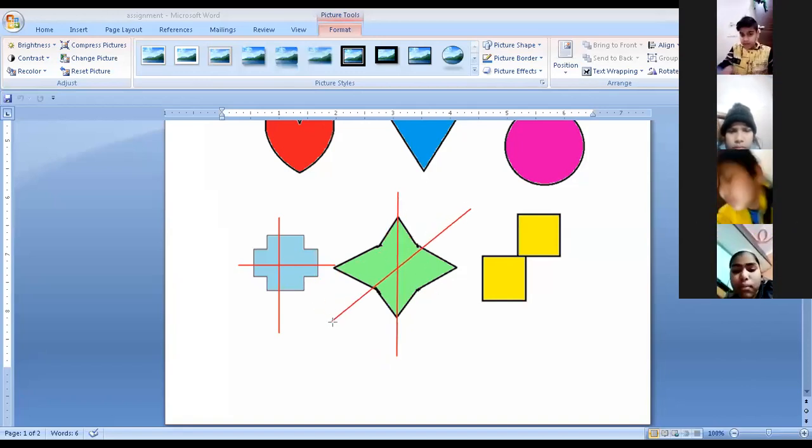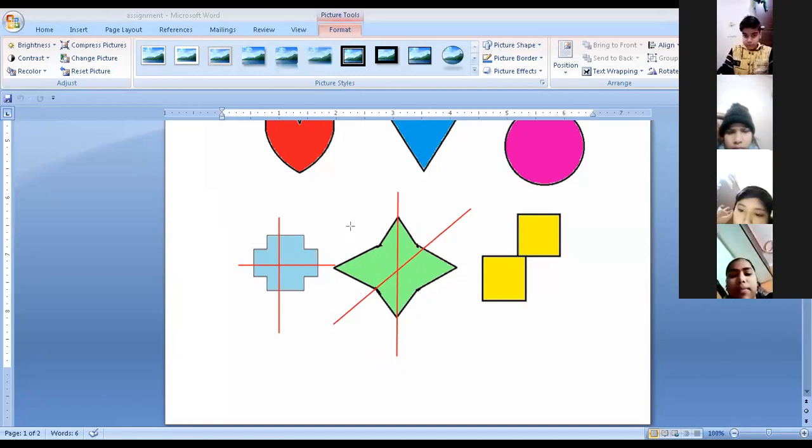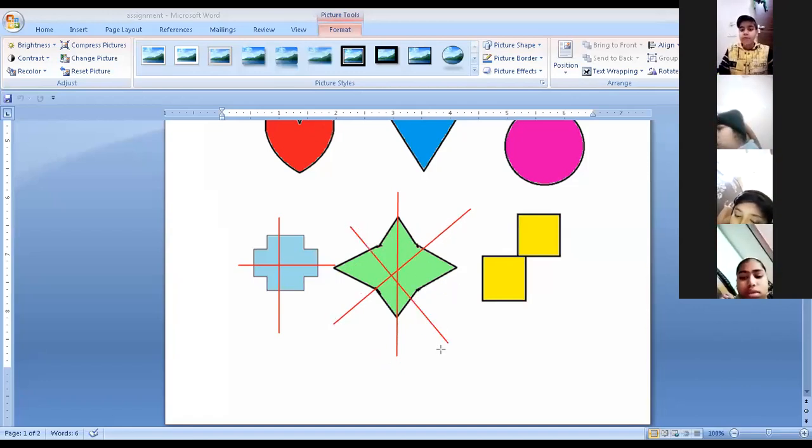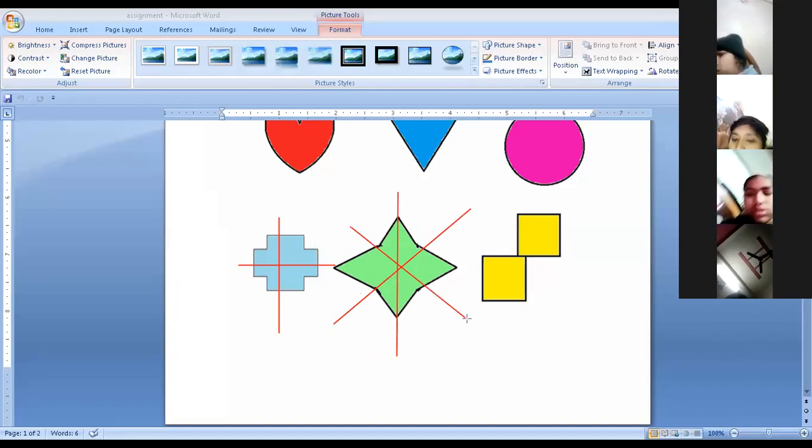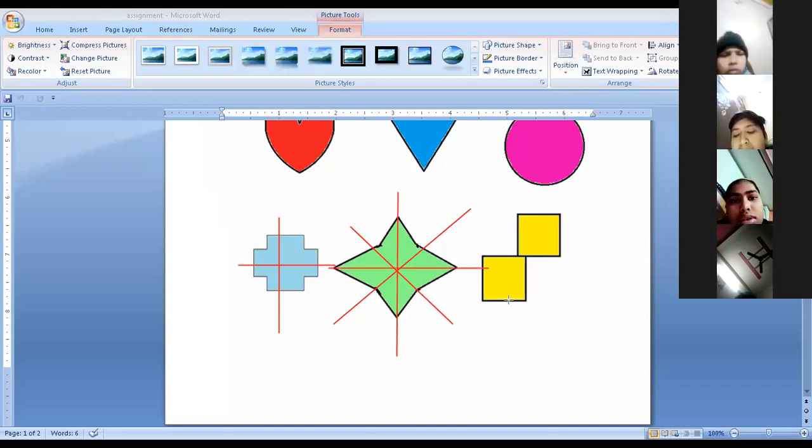One in this way. 1, 2, 3, and 4. 4 lines of symmetry.